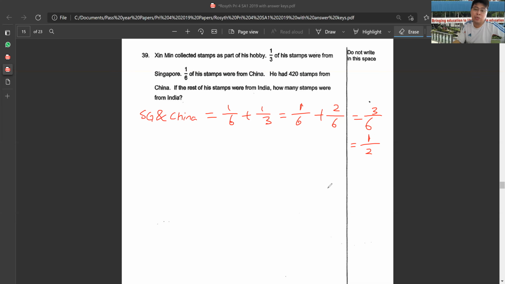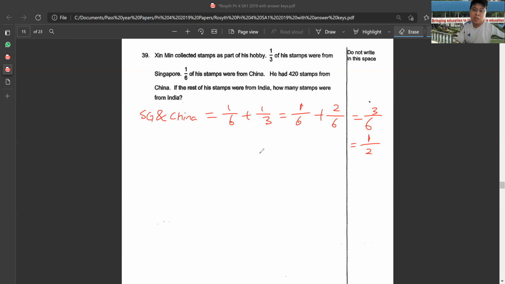You know why 1/2? Because 3 divided by 3 is 1, and 6 divided by 3 is 2. You divide top and bottom by 3 because 3 is the highest common factor of 3 and 6. So Singapore and China is equal to half of his stamps.